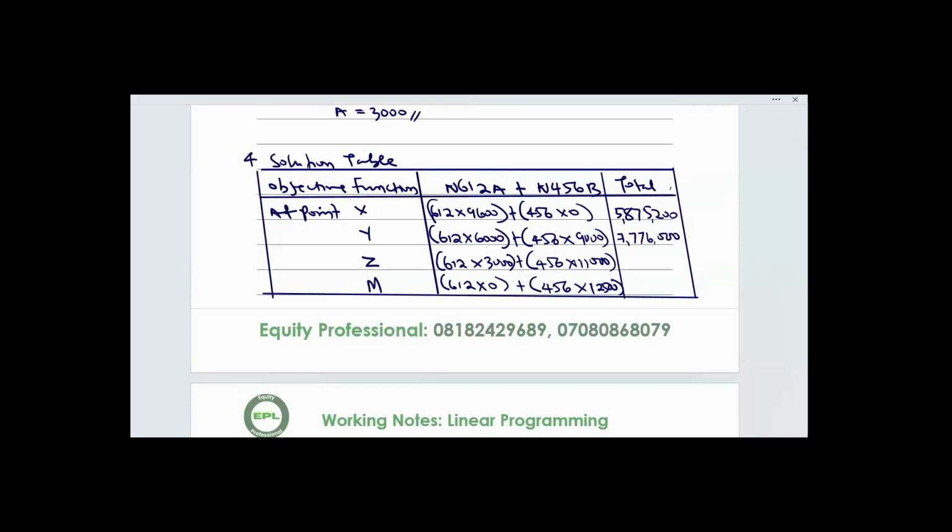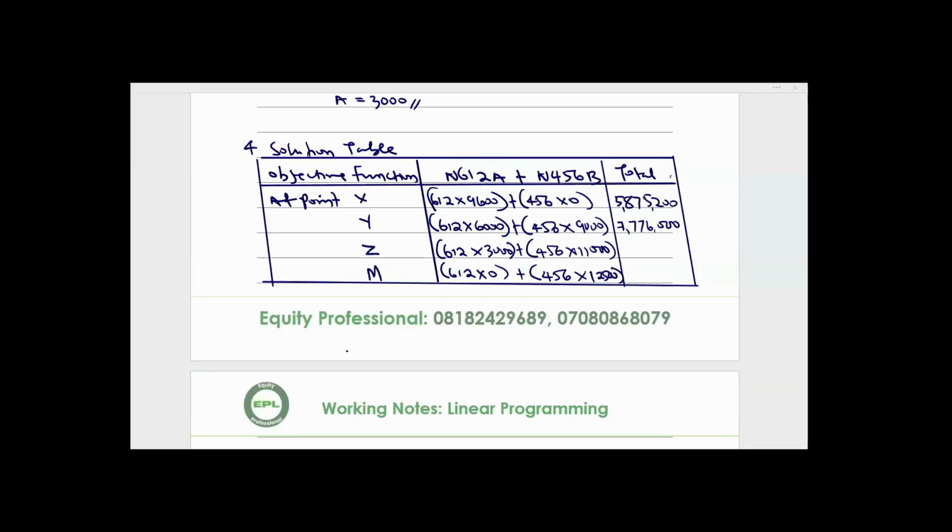The third one, open a bracket, 612 multiplied by 3,000. Close the bracket, plus open another bracket, 456 multiplied by 11,000. Close the brackets, equal 6,852,000.